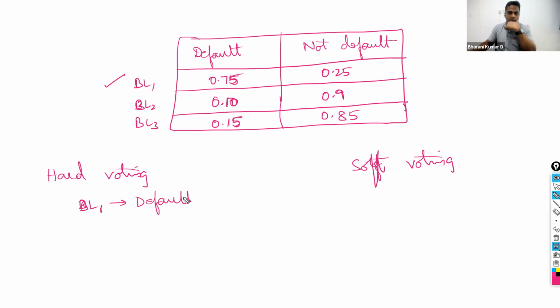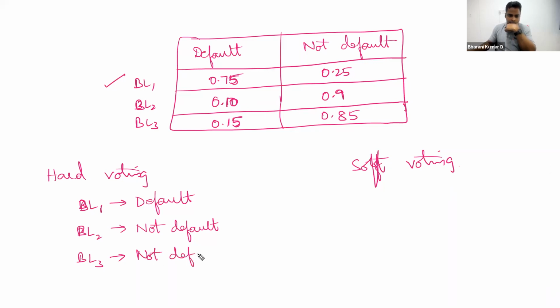Then using base learner 2, what will be the result? Not default. Then using base learner 3, what will be the result? Not default. So overall, what will be the output? Not default. That's the majority.